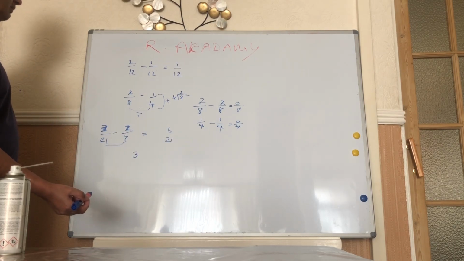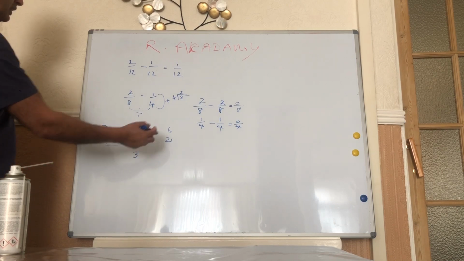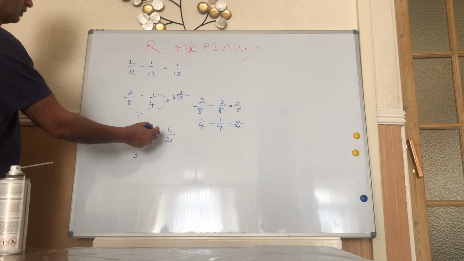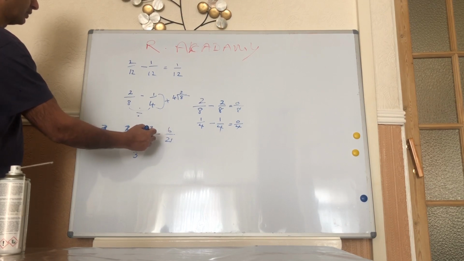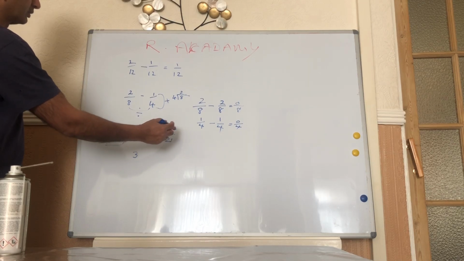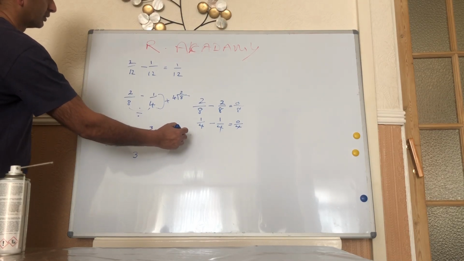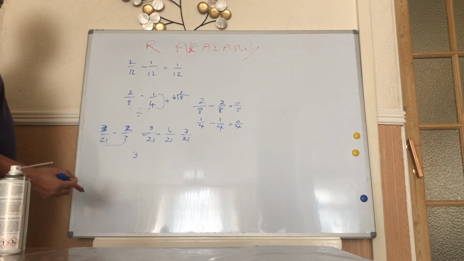Okay. So then you've got minus 3 over 21, which leaves you with 21.